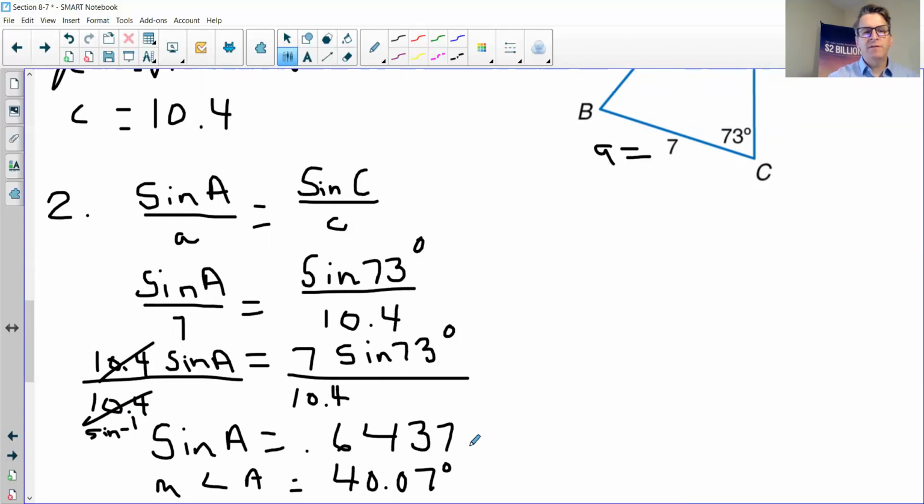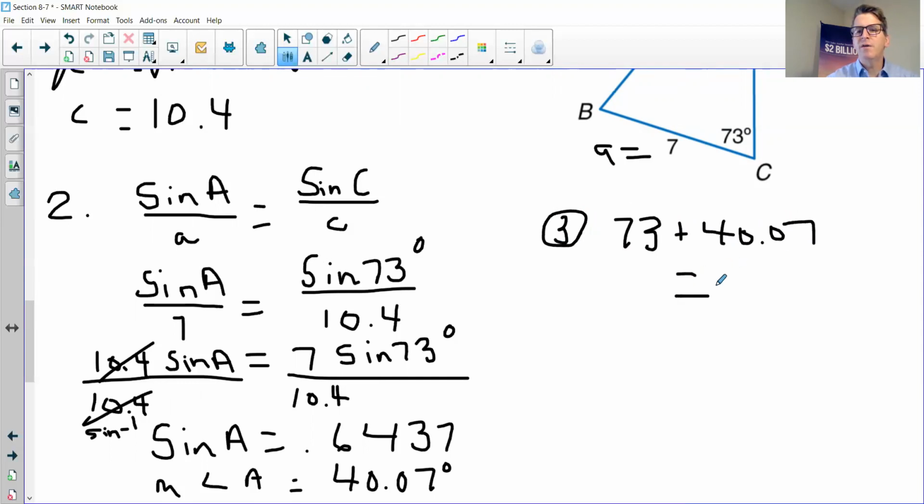And lastly for this, you found side C, you found angle A, and you were given angle C. Now we just need to find angle B by adding the 2 angles together and subtracting from 180. So 73 plus 40.07 is equal to 113.07.